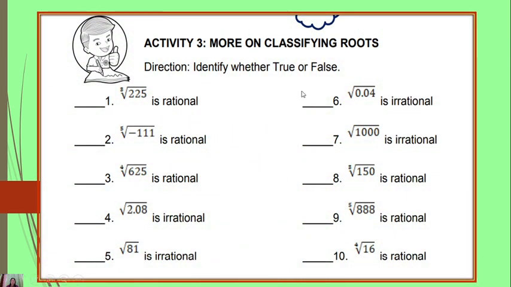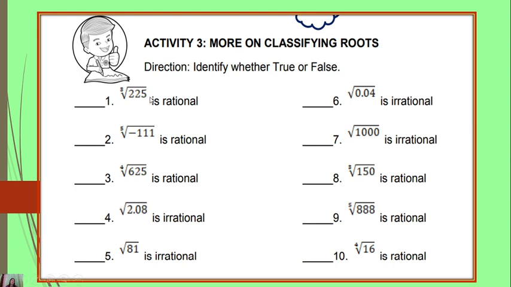So, ang magiging sagot lang ninyo dito is true or false. Okay? Kasi kapag cube root of 225, mag-isip ka, trial and error. So, the ending is 5. So, pwedeng yung ang iisipin mong number is 5. 5 times 5, 25 times 5, 125. So, it is less than 225. You think another.